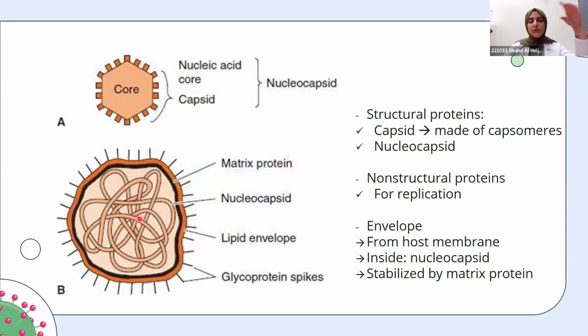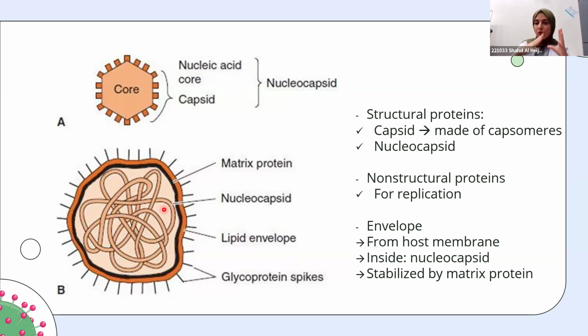Here you can see a different image. Here you can see the envelope with the glycoprotein spikes, or the receptors, attached to the envelope. Here you have the matrix supporting the envelope, and here you have the nucleocapsid. The nucleocapsid is basically the genetic material covered by the capsid. The capsid is made of capsomeres. Those capsomeres will form the capsid.